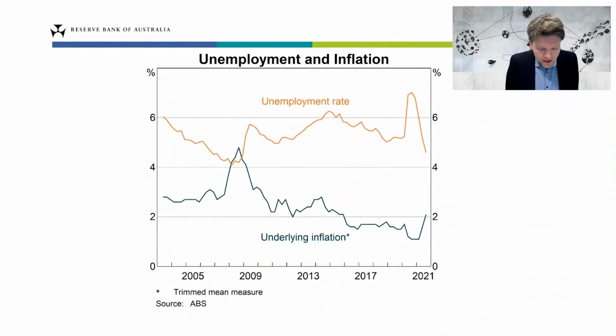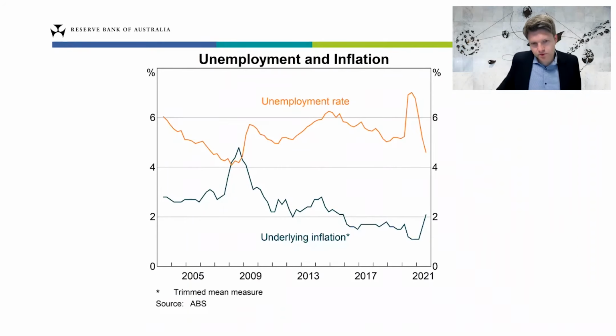Okay, so hopefully by now you've got a good sense of why the NAIRU is an important variable for the RBA to think about. But it's also important to appreciate that the NAIRU isn't actually something that we can observe. And to think about that, it's helpful to compare the NAIRU to other things that we can observe, like the unemployment rate and the inflation rate.